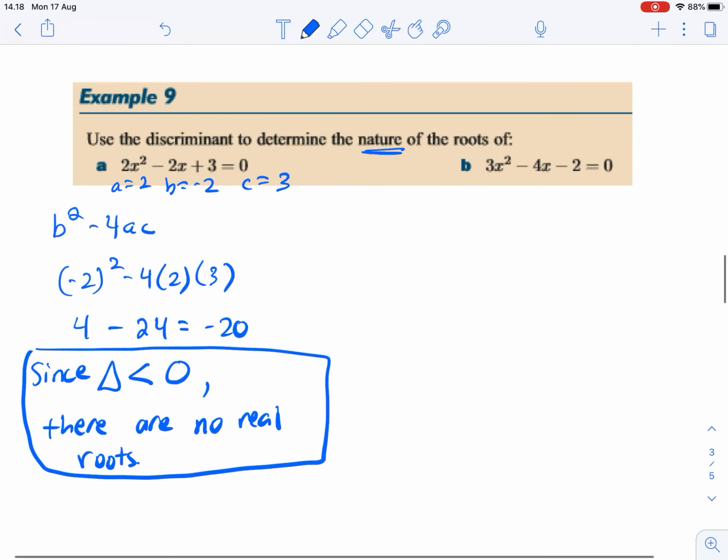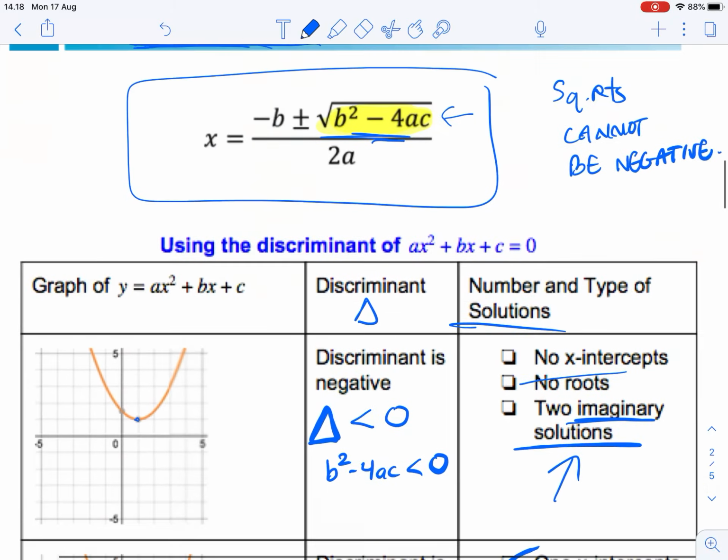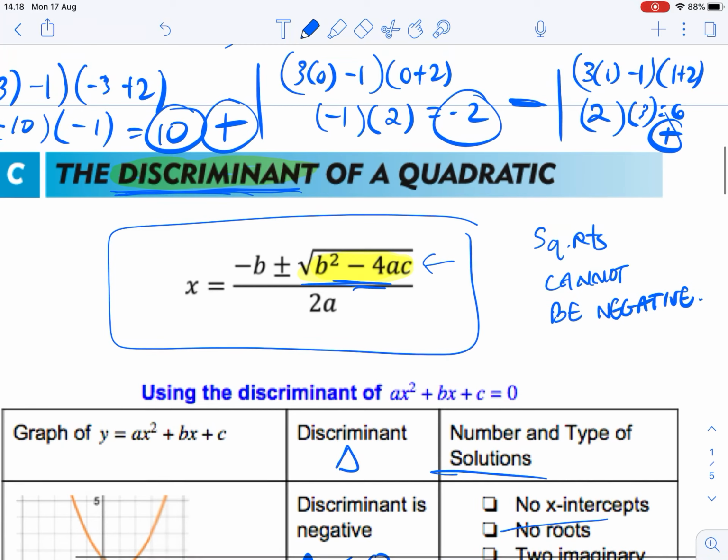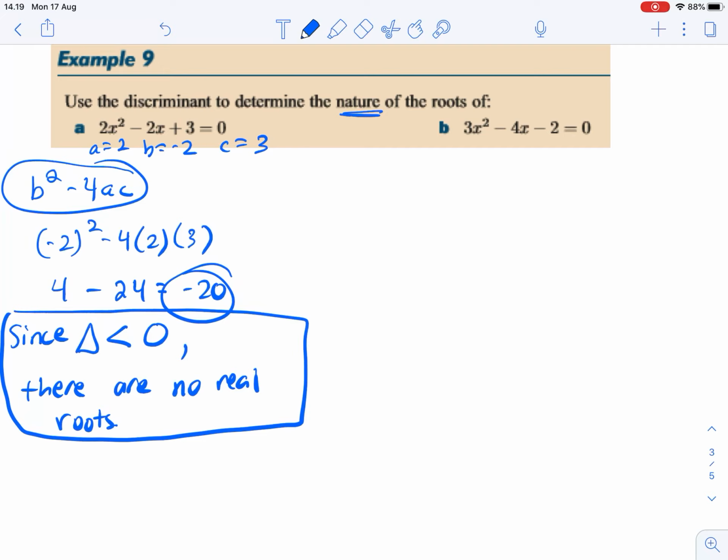Remember, the reason we can tell is that you would be plugging negative 20 underneath the square root sign, and you can't take the square root of a negative number. So you would not have a real solution, no real roots.